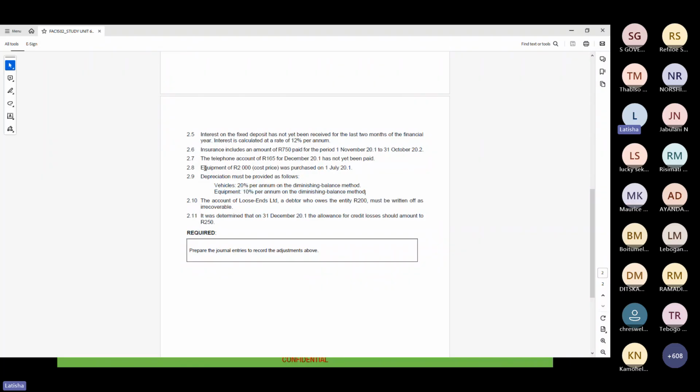But they give you both pieces of information, and that means you need to calculate the depreciation, and this just gives us the depreciation policy for the two. So by looking at it in this way, in order to do anything with the information in 2.8, you would have to go to 2.9 and find what is the depreciation policy for equipment to calculate it.